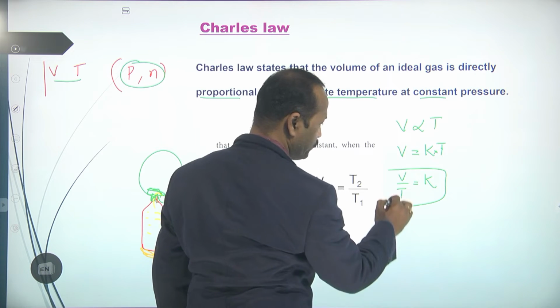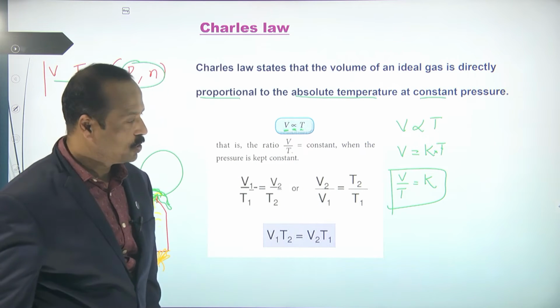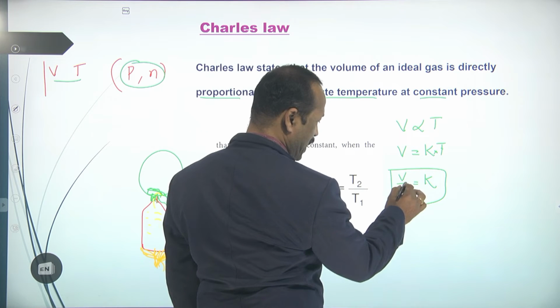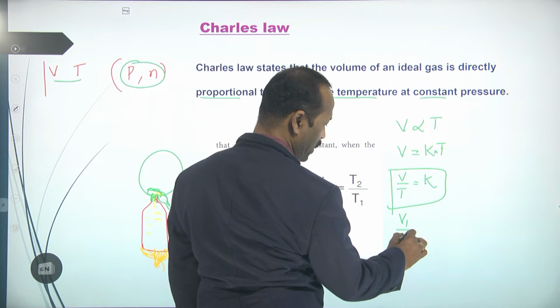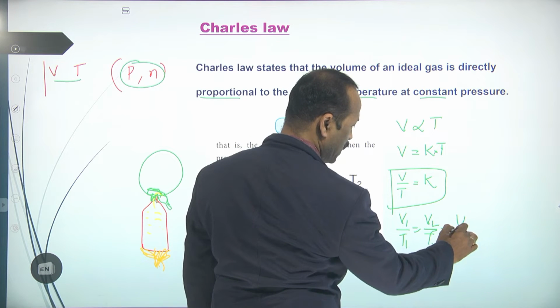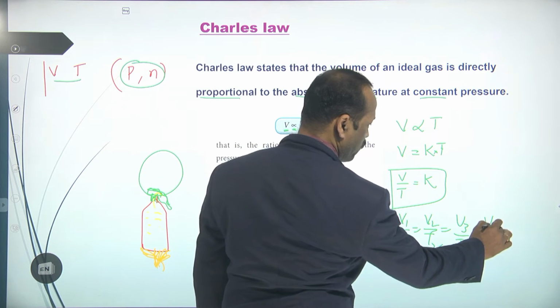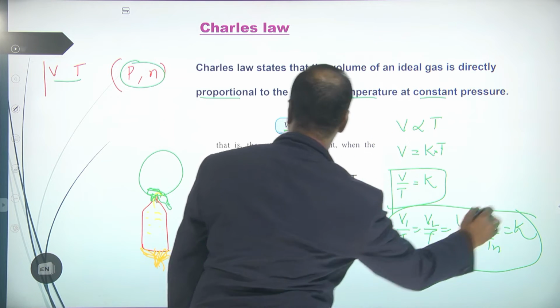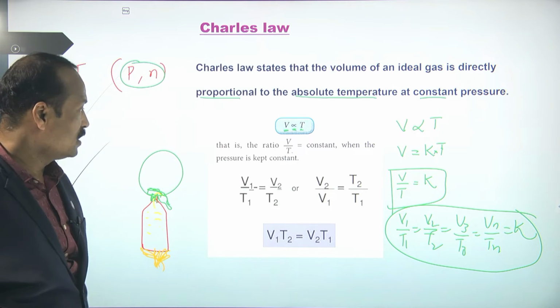Yes or no? So we can write V1 by T1 is equal to V2 by T2 is equal to V3 by T3. Like this we can write any number, Vn by Tn is equal to constant. So this is called Charles' law. Is this clear to you?